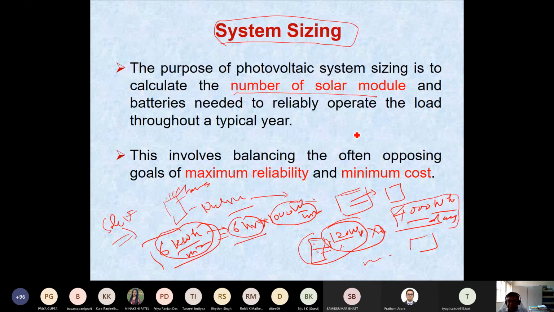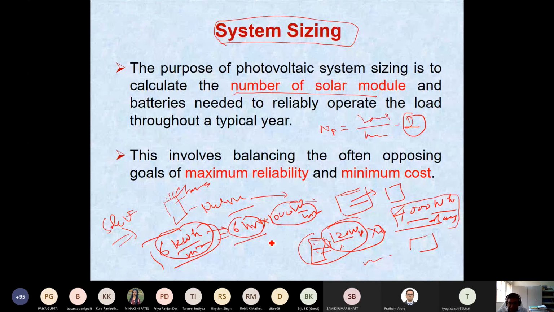And one more thing is that you have to connect modules in series and parallel. To find out the number of modules or strings in parallel, you have to find out the nominal voltage of your load and the voltage of one module. So the number of modules in series may be, say, 2, and then the current also, because you have to divide the voltage.